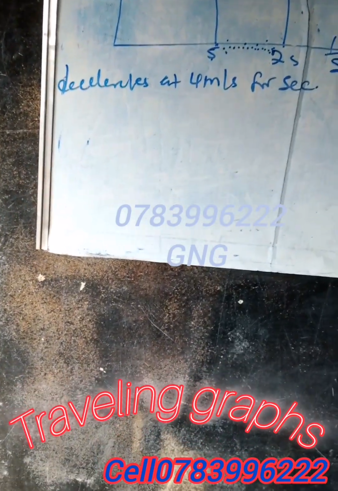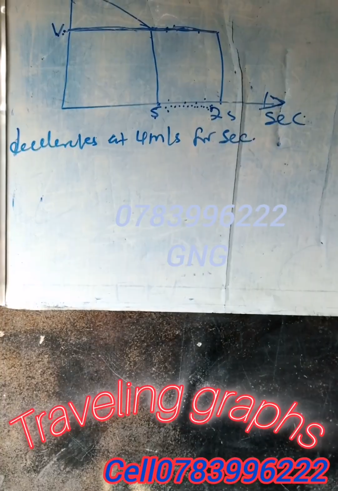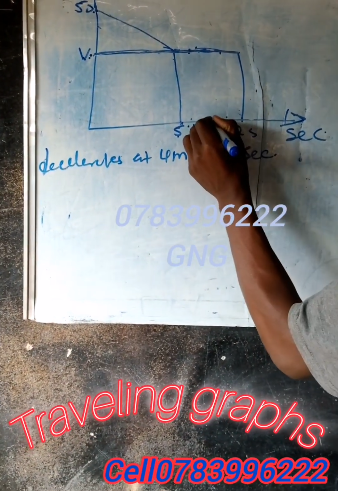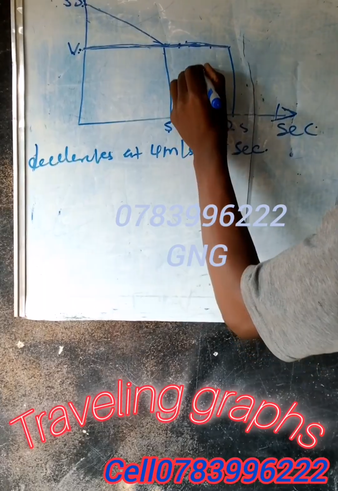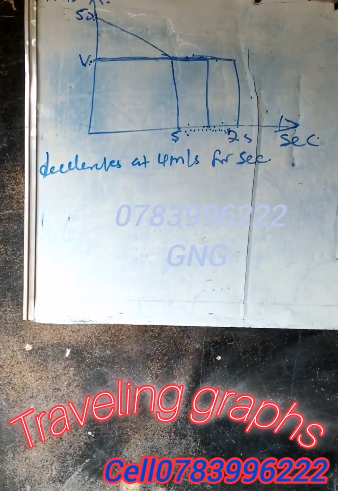For the 5 what? Seconds. So, what is the speed at 10 seconds? 10 is somewhere here. The speed will be the same, the value of V.